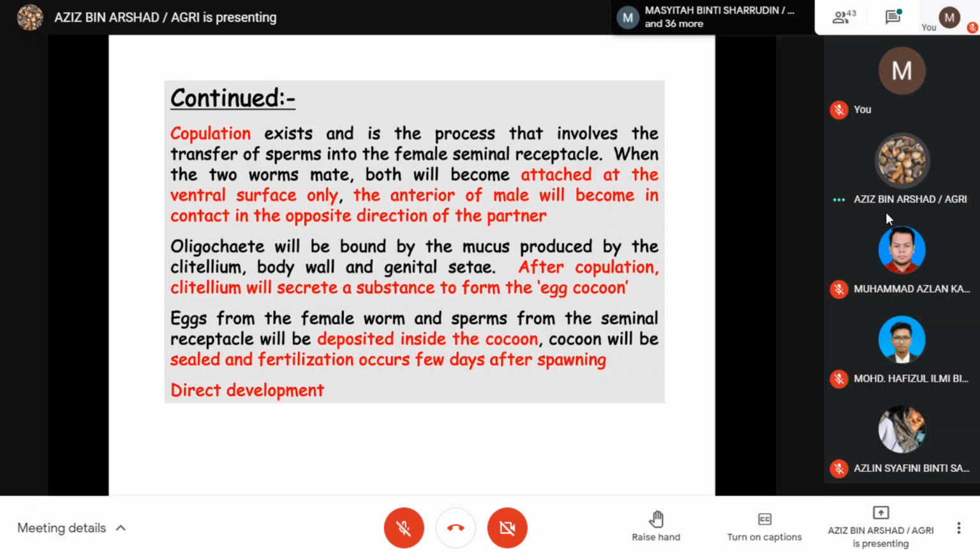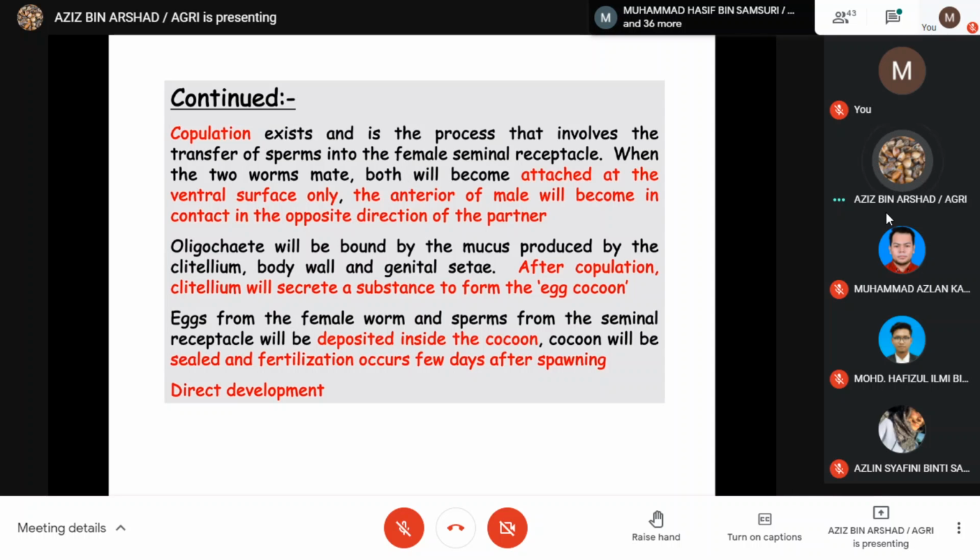After copulation, the clitellum will secrete a substance to form the egg cocoon. So the sperm that is deposited in the female will be deposited inside the cocoon, and the cocoon will be sealed, and fertilization occurs a few days after spawning.